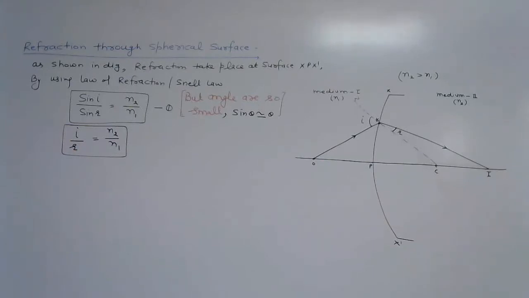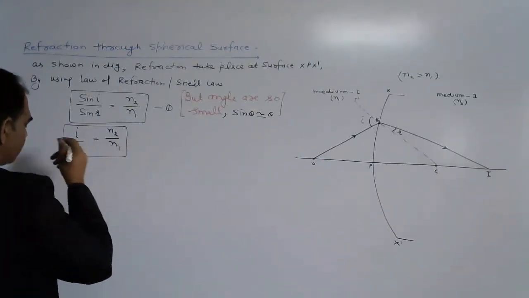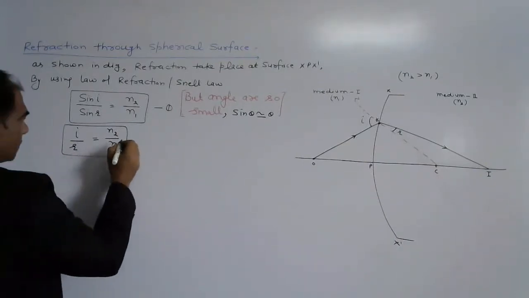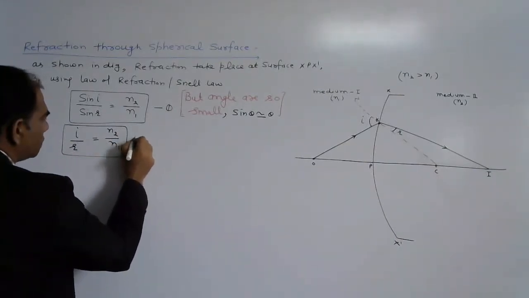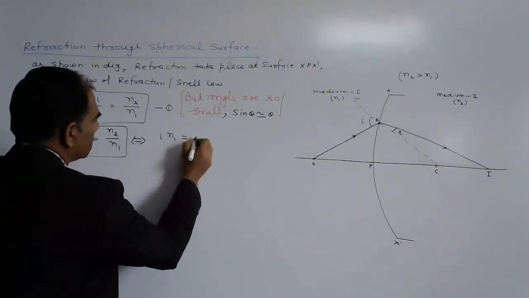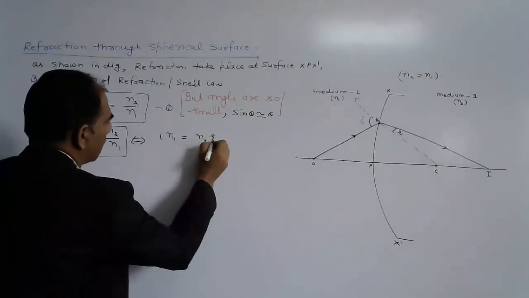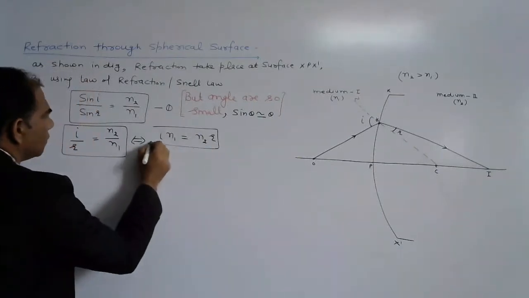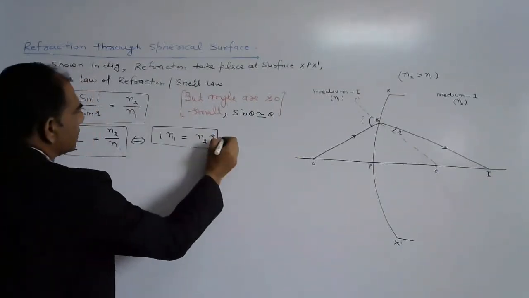This is the formula formed here. Cross multiply and we get i n1 is equal to n2 r. We can say that this is equation first.